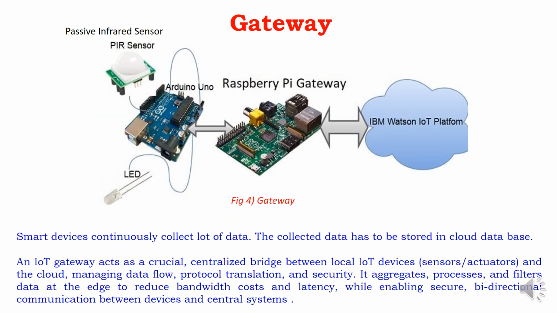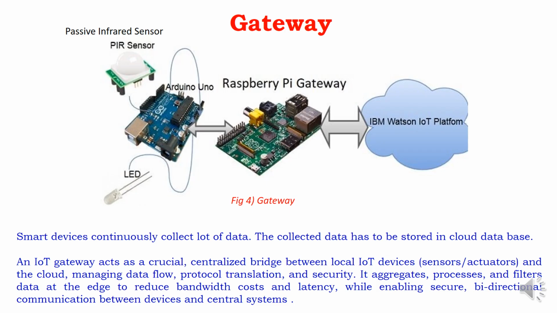Gateway. Smart devices continuously collect a lot of data. The collected data has to be stored in the cloud database. An IoT gateway acts as a crucial centralized bridge between local IoT devices, that is sensors or actuators, and the cloud, managing data flow, protocol transmission, and security.